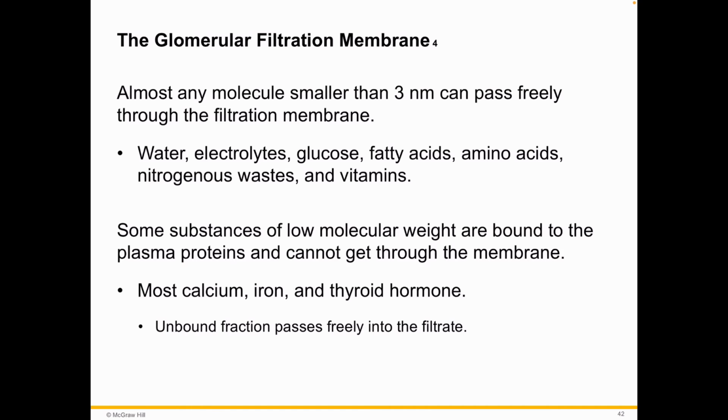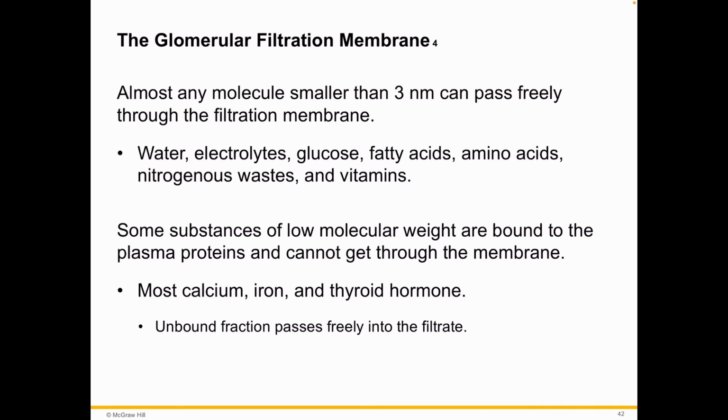Which means that we have a grab bag of items that have drifted over now for filtration. So we have obviously water, little bits of charged particles, electrolytes, glucose sugars, some fatty acids, some amino acids, nitrogenous wastes, as well as some vitamins like excess vitamins and other things.